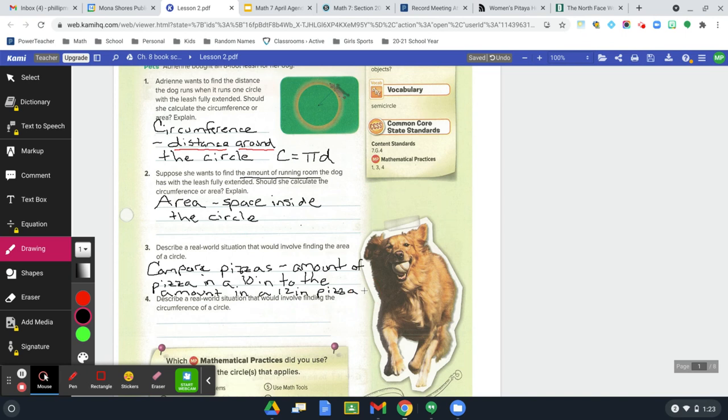Okay, comparing pizzas, the amount of pizza in a 10-inch to the amount of pizza in a 12-inch. That would be one example of finding the area, because your pizzas are in circular shape.